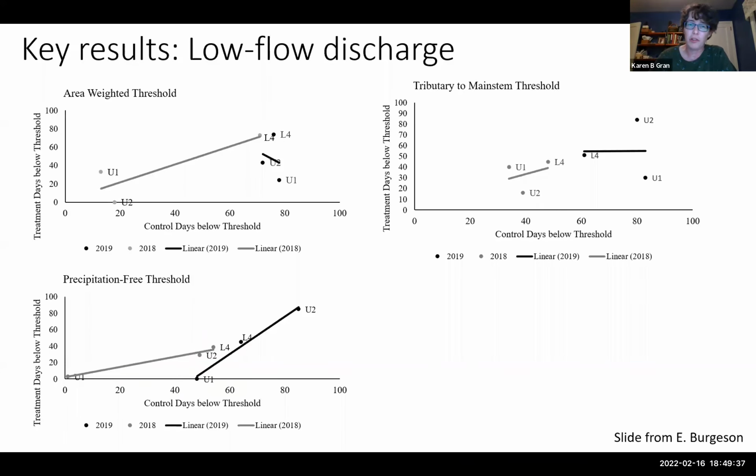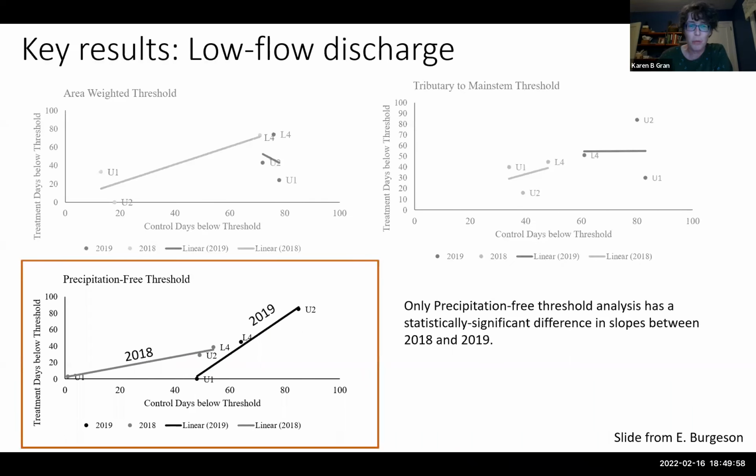So here are the results from the 3 different low flow thresholds. The first thing you might notice is that the relationships seem to be all over the map. However, some of them are statistically significant, quite statistically significant, and some of them are not. If you take the ones that are statistically significant and the ones that have a statistically significant difference between the years, we're really only left with the precipitation-free threshold.